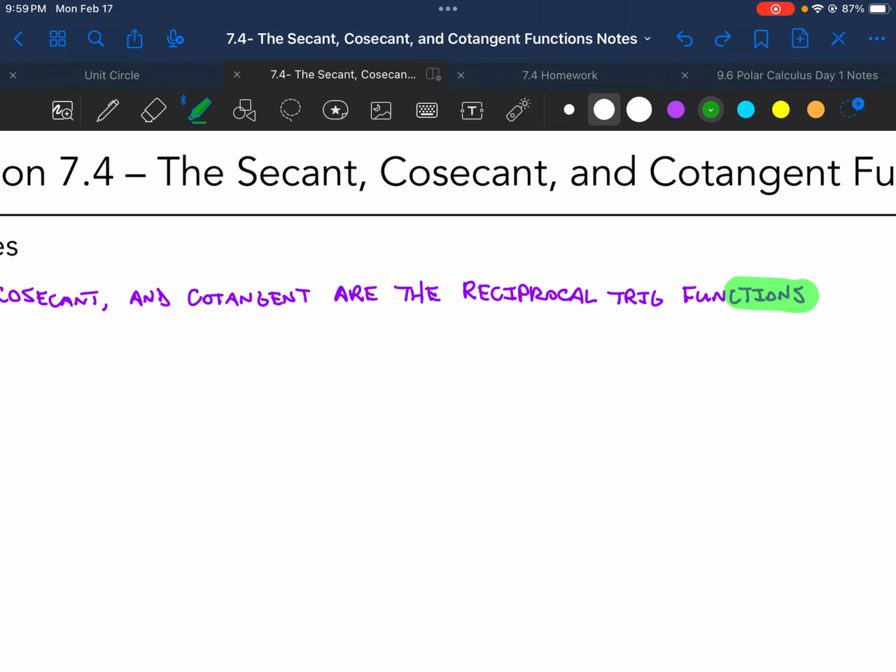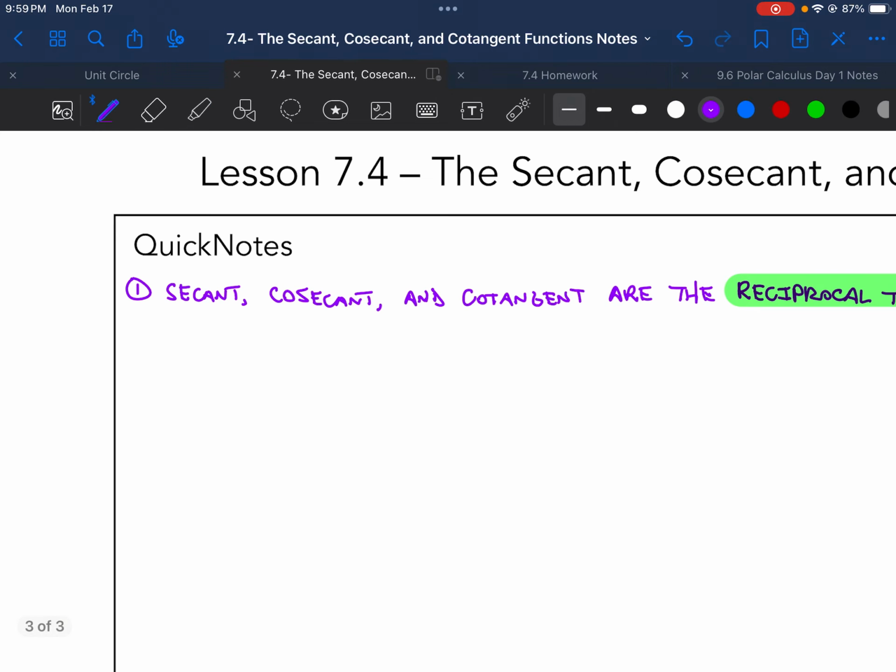All right, these three are called the reciprocal trig functions.